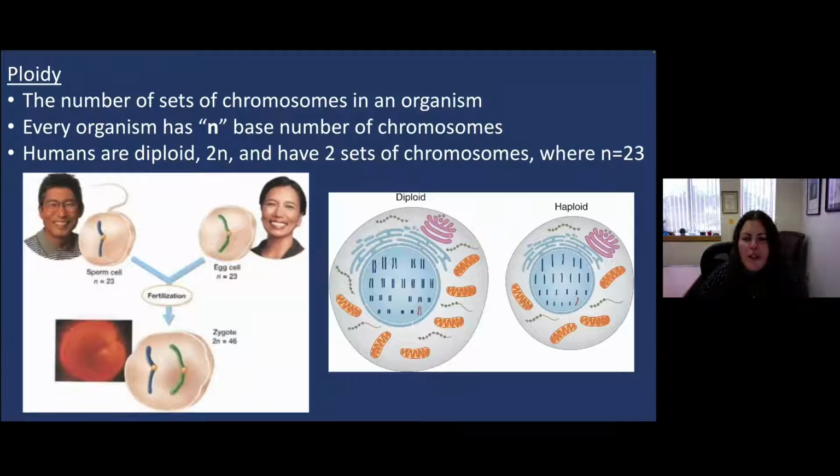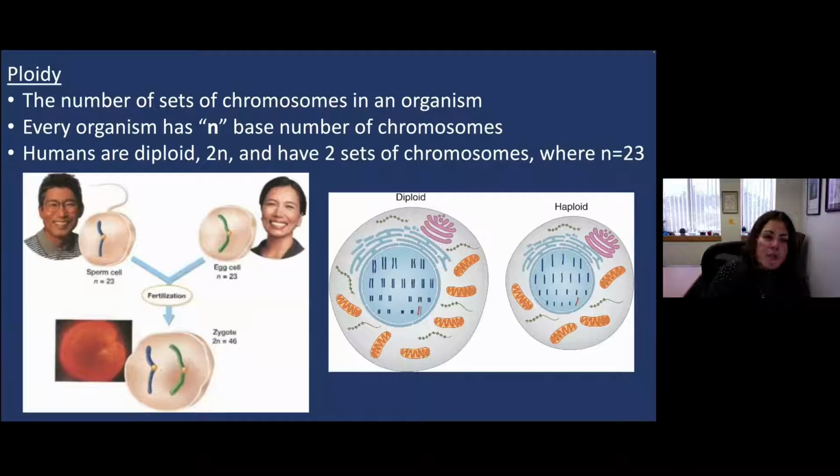So before I get into details, I want to define what ploidy is, which is the number of sets of chromosomes that an organism has. Every organism has a base number that we symbolize with a lowercase n.